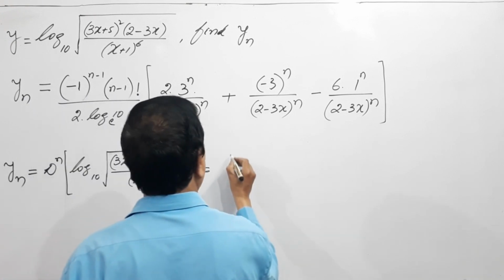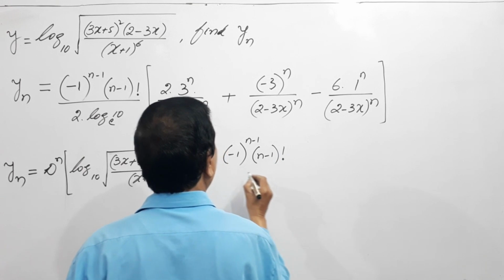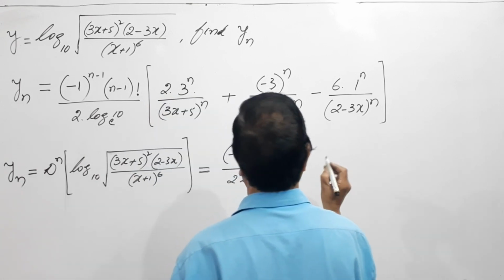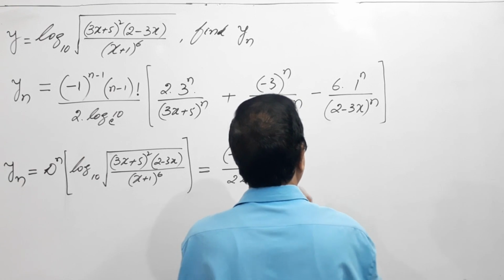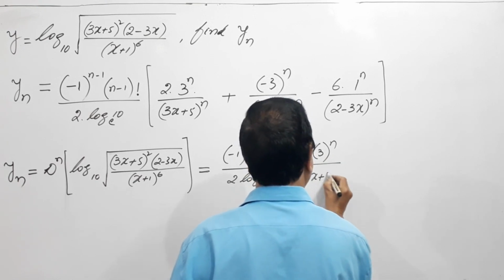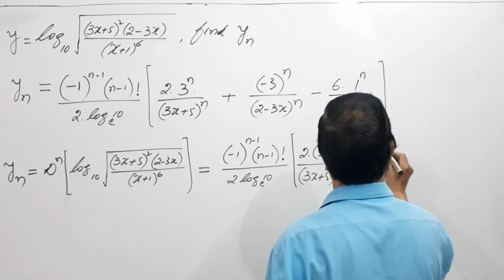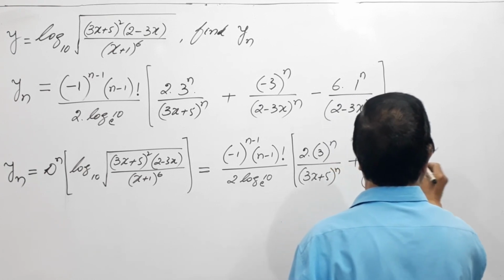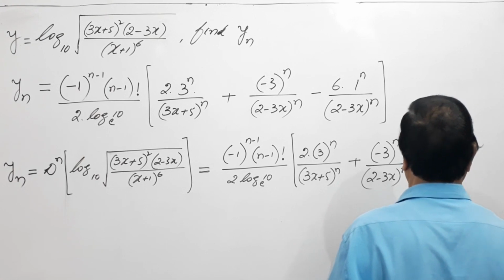Equals minus 1 to the power of n minus 1 into n minus 1 factorial divided by 2 log 10 to base c, into, I will write within the brackets, 2 into 3 to the power of n divided by 3x plus 5 to the power of n, plus minus 3 to the power of n divided by 2 minus 3x to the power of n, minus 6 by 2 minus 3x to the power of n.